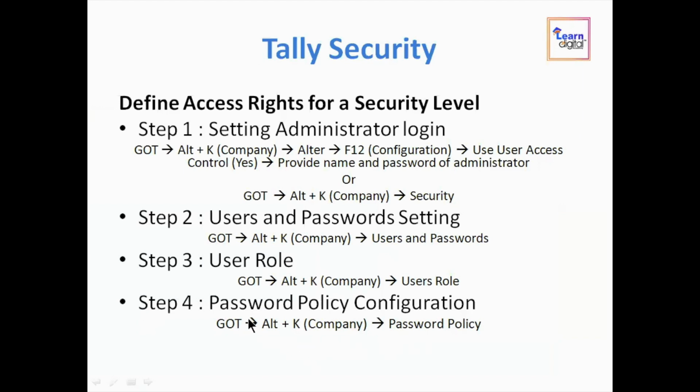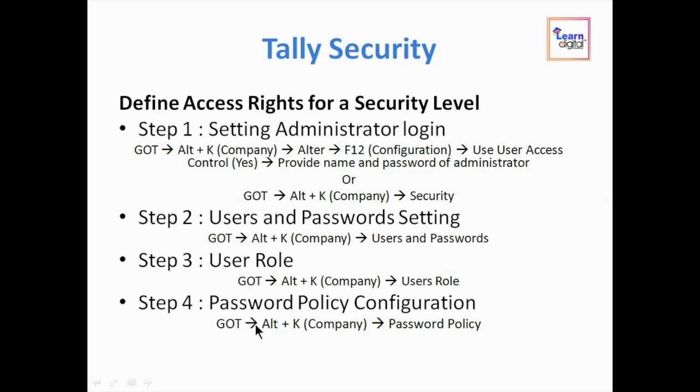See, Raj opened the company with his own password, but this password is known to administrator. So it is important to provide password protection for each and every user so that administrator can give the password one time and the user can change the password with his or her first login. For that, we can have the password policy configuration.